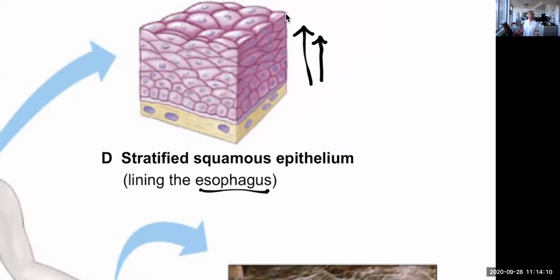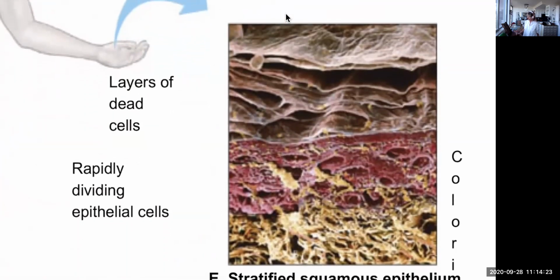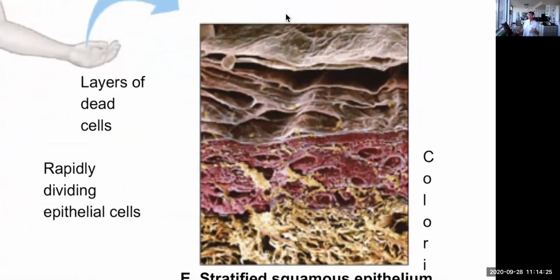The cells in your gut, for example, are lost within 3 days or so, and they're replaced very rapidly. In some cases, the layers of cells are dead cells. So your skin, for example, is layers of dead cells. They're full of keratin. Underneath are the rapidly dividing epithelial cells.